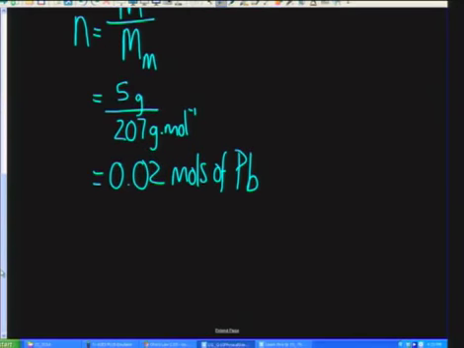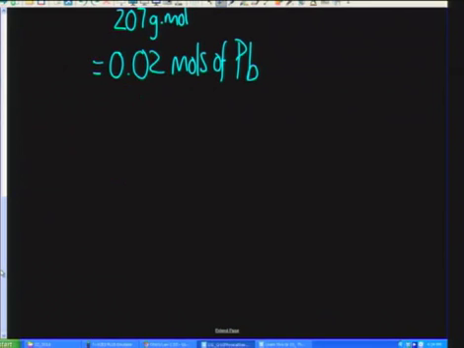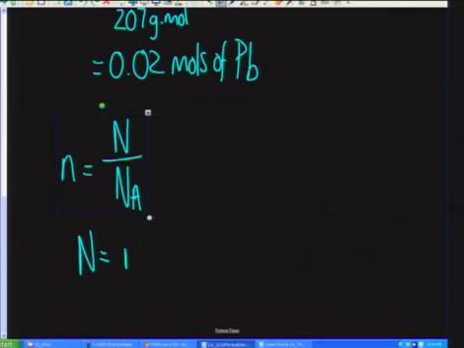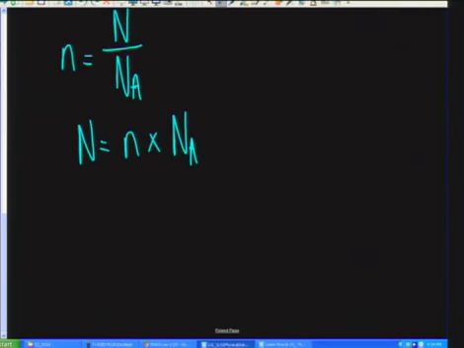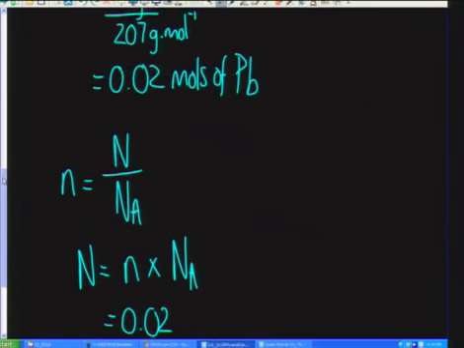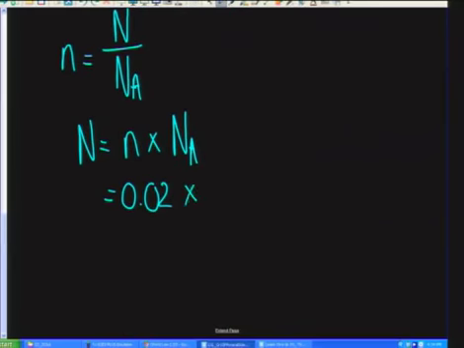Well, I now have the number of moles, so I'm going to take that and work out number of moles is equal to the sample divided by Avogadro's number, which I can then take and say, okay, but then the number in my sample must be equal to the number of moles multiplied by Avogadro's number, which was 0.02, check it, yes, multiplied by 6.022 times 10 to the power of 23.